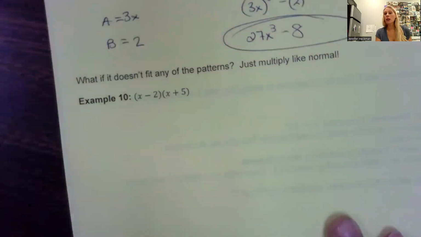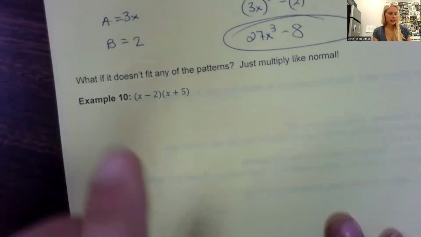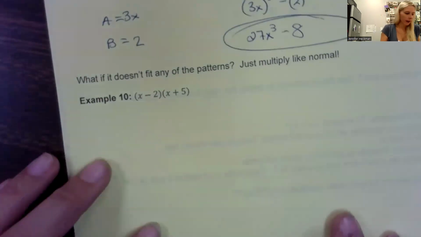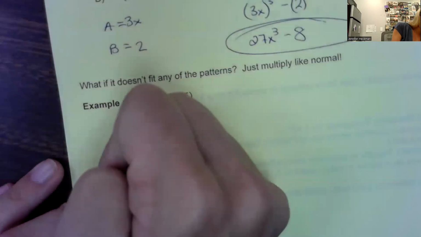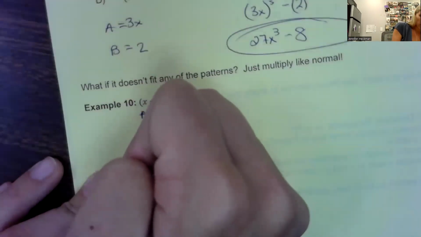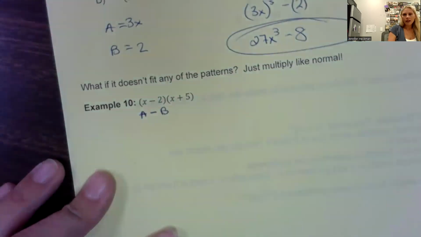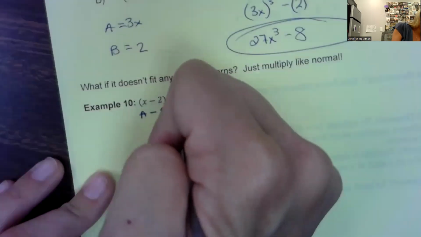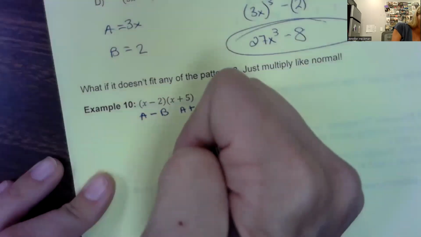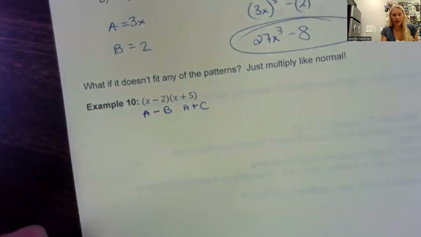All right, so just going back, what if it doesn't fit a pattern? Okay, remember, this is binomial times a binomial. With our identities, we had A and B and stuff like that, right? Well, if this were A minus a B, this would be an A plus a C value. And we don't have an identity for that.